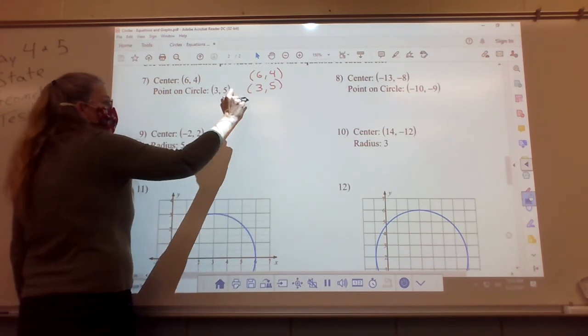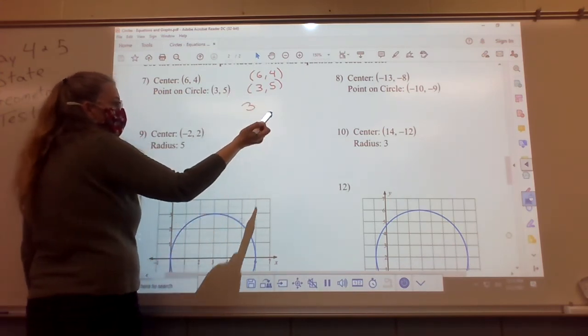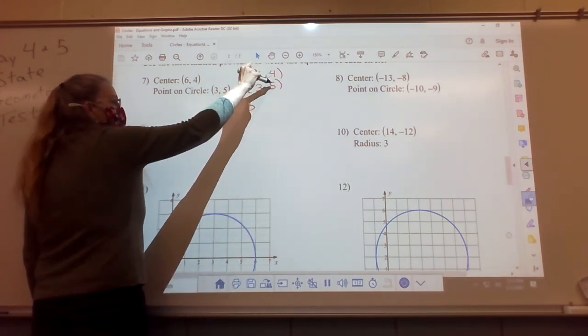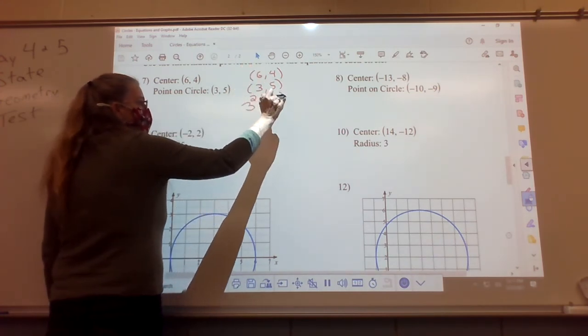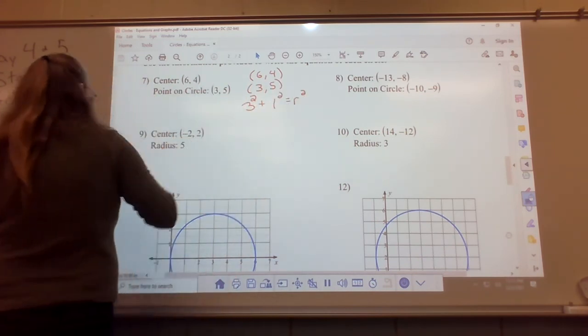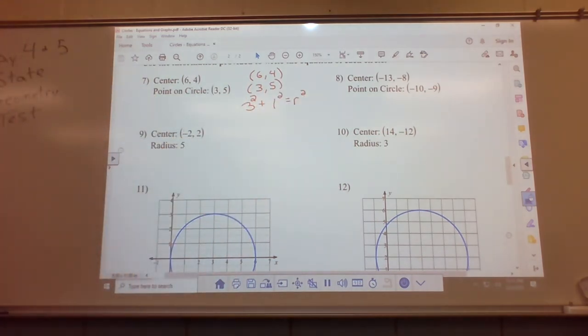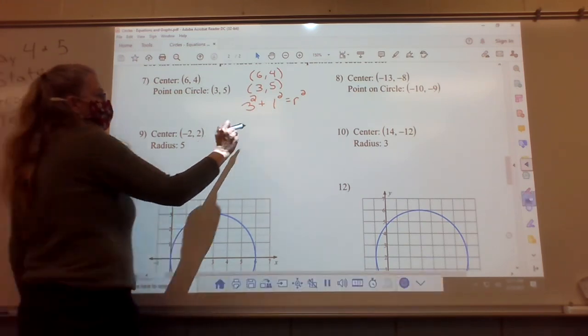It's like an absolute value type thing. It doesn't matter what direction you're going. Between 4 and 5, there's a 1 difference. Change it into the Pythagorean theorem with an r squared at the end. Well, like I said before, 3 squared plus 1 squared is 10, so 10 equals r squared.